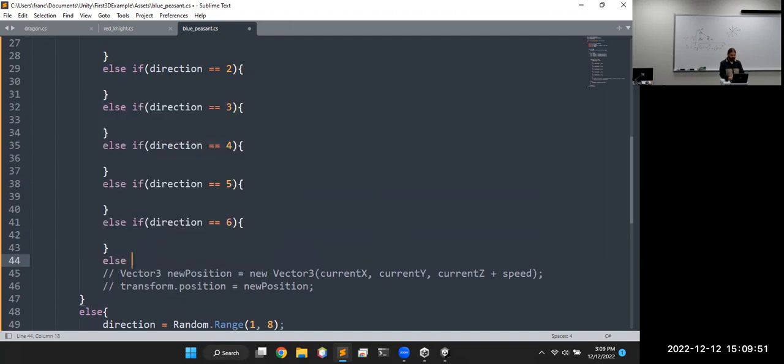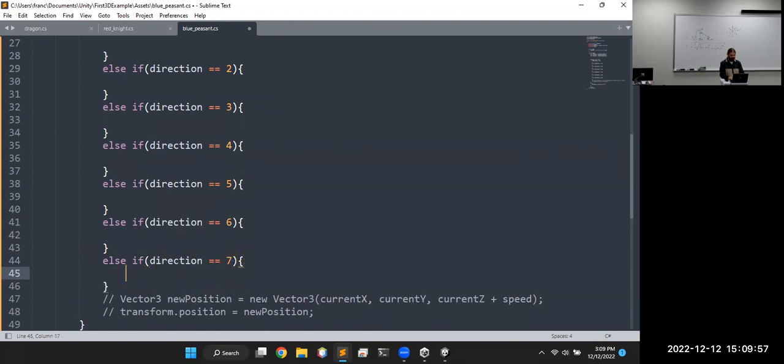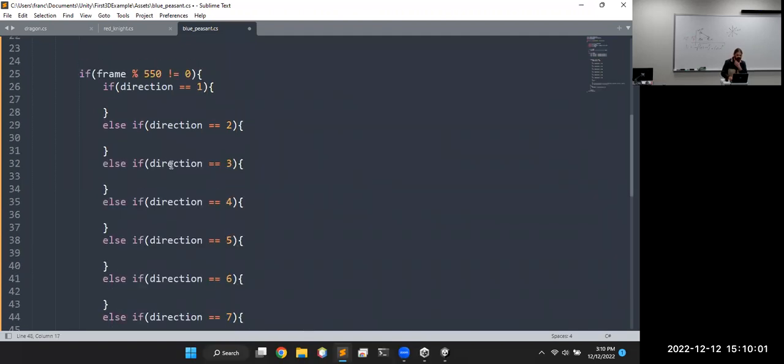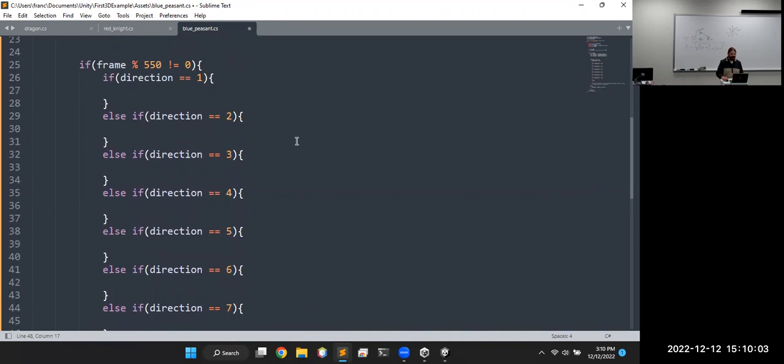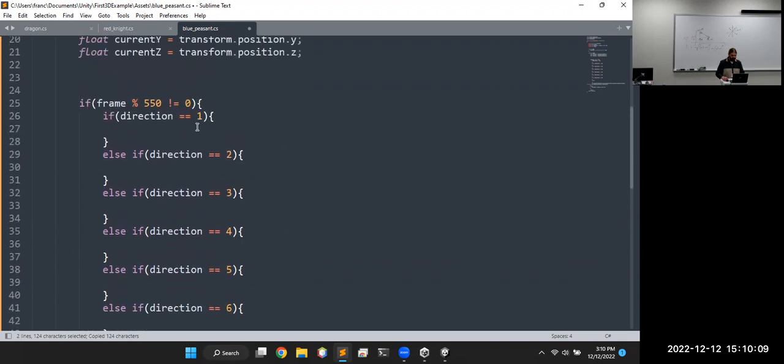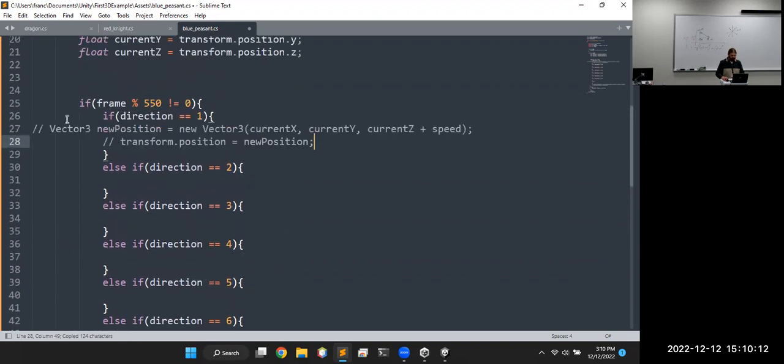6, else if direction is equal to 7. And then there's only one left, so I'll just go ahead and do else here. And then we want to do all of this stuff. I'll copy that, paste that in here.